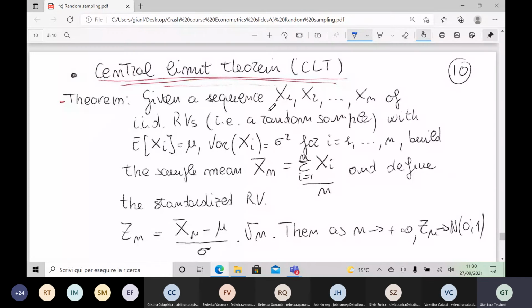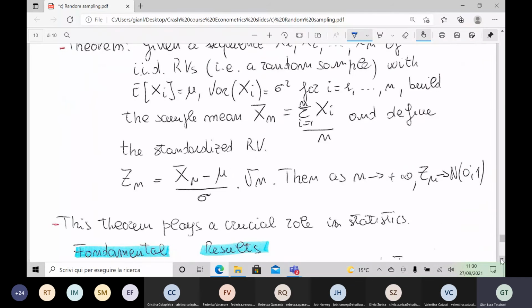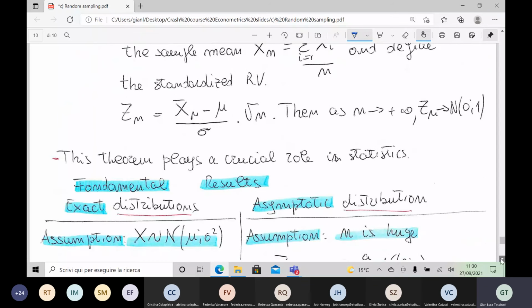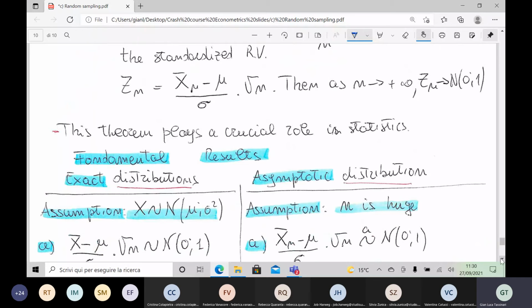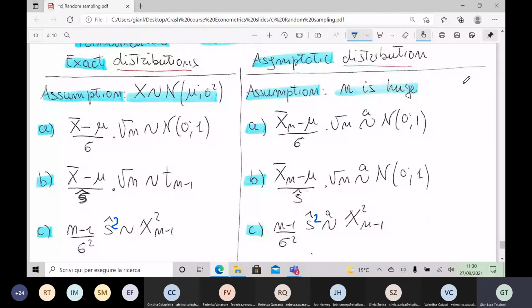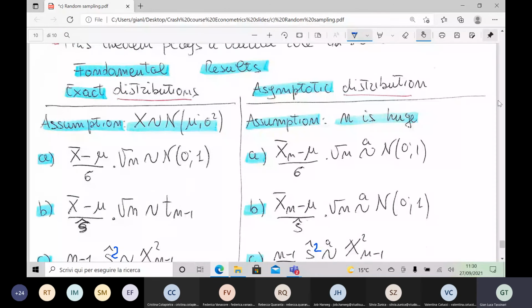Then, guys, I made this table to simplify everything. And this table is fundamental, I think already for tomorrow afternoon, or maybe even morning, because in this table I reported all the results you need in the exam. Not all, you have other results, but about this topic, I reported 4 fundamental results multiplied by 2.